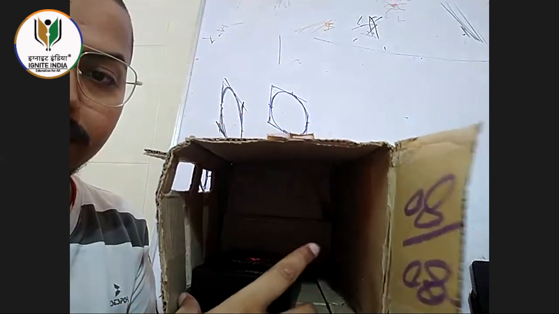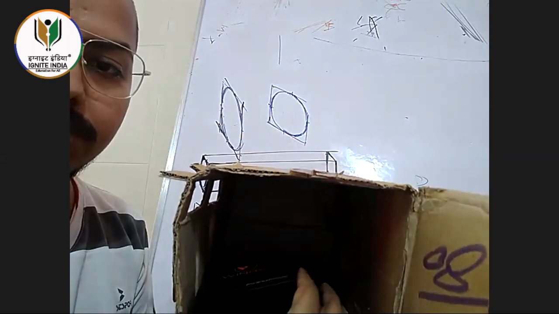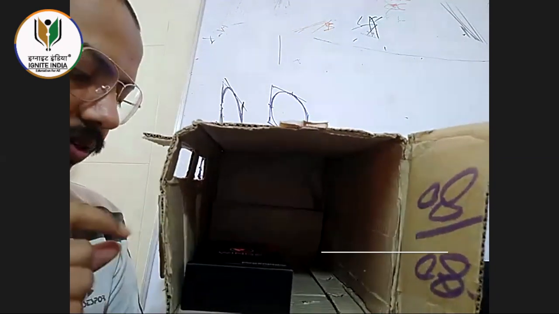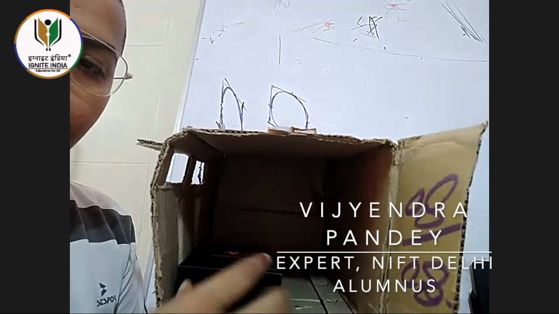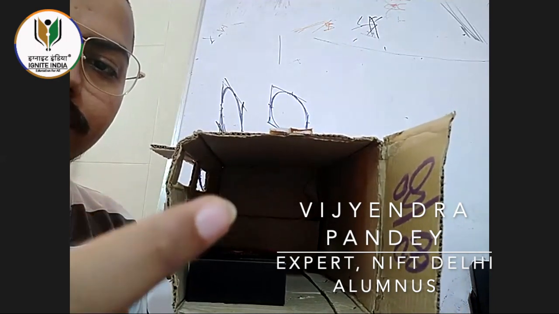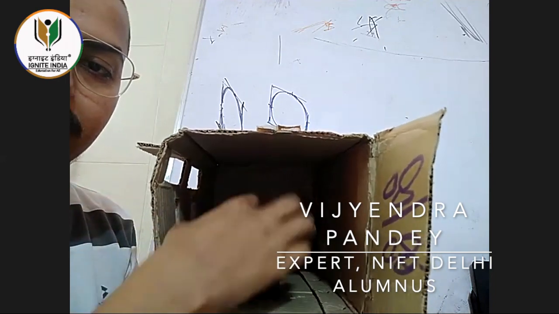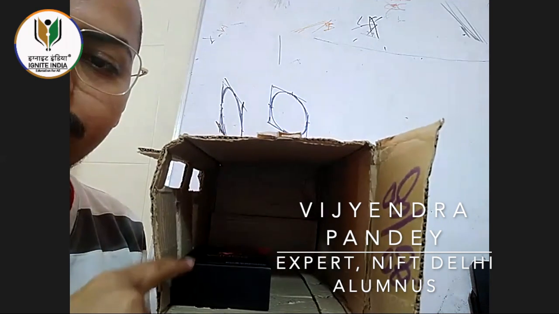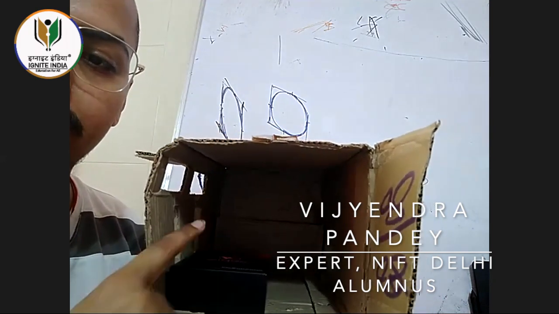We are just keeping the object here where you are able to see the top of this object. The focus of the camera, the camera eye, is straight in the center. And this object has been placed below the eye level.